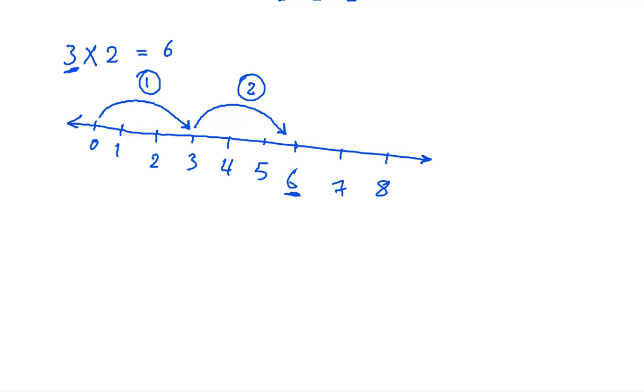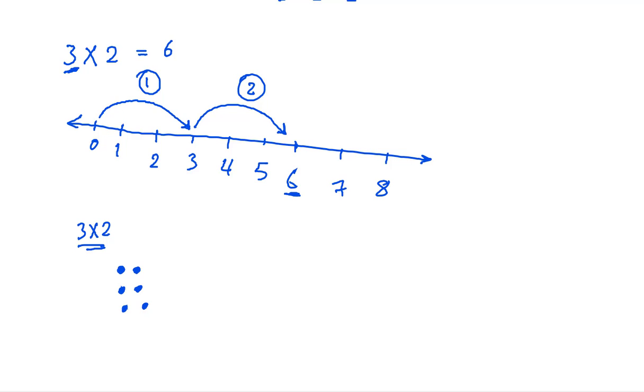And we know also how to use arrays to multiply 3 by 2. When you want to multiply 3 by 2 using arrays, we do 3 rows of 2's. So we have 2 in the first row, the second row also 2, and the third row is 2 also.